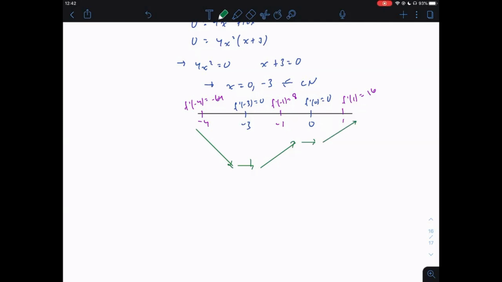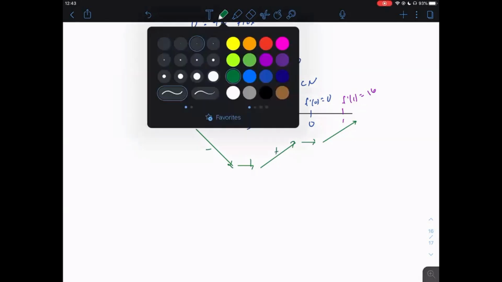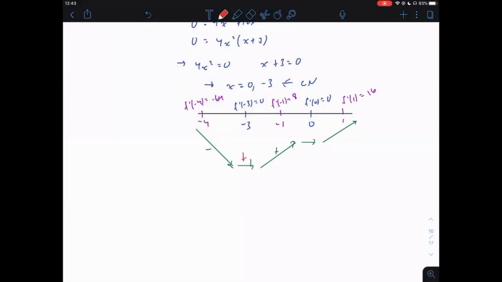Around the first critical point at x equals negative 3, the slope changes from negative to positive, and that indicates a relative minimum. So we have a relative minimum at x equals negative 3.